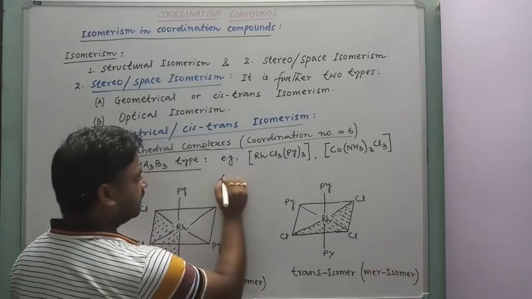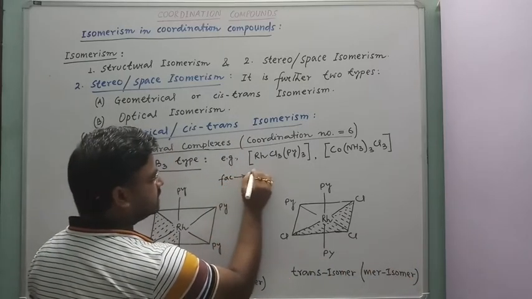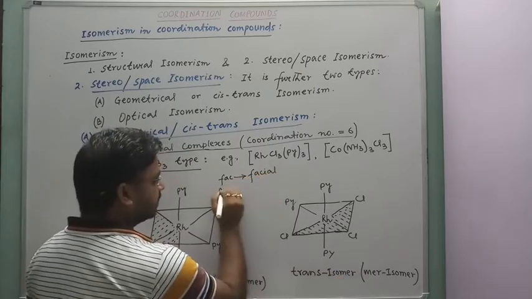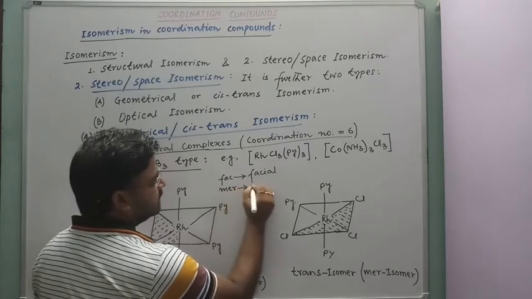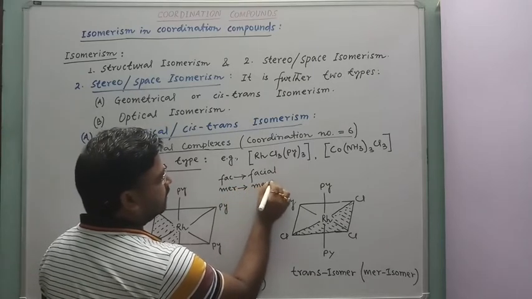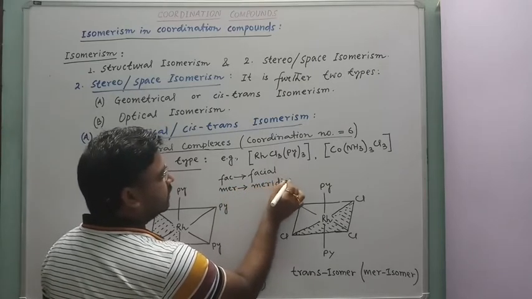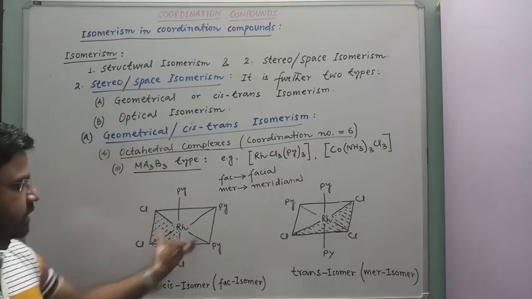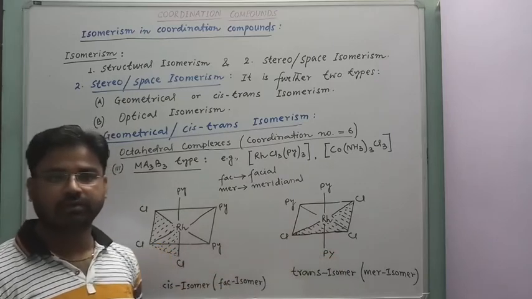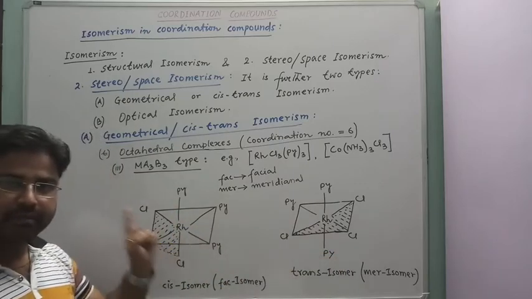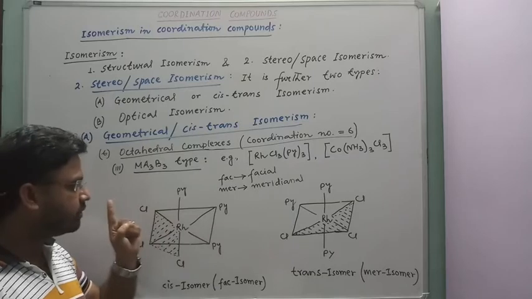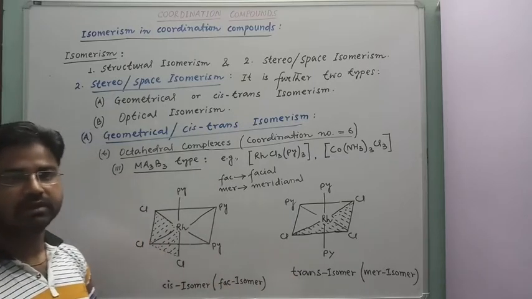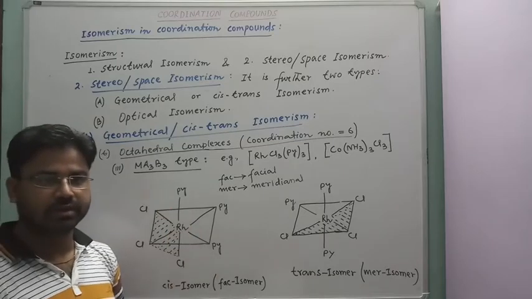Here fac represents facial isomer, and mer represents meridional. So facial isomer and meridional isomer. This is very important. An A3B3 type compound can give only facial and meridional isomers. That is cis and trans isomers.